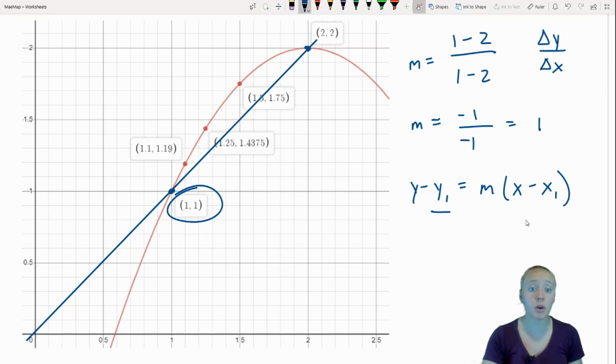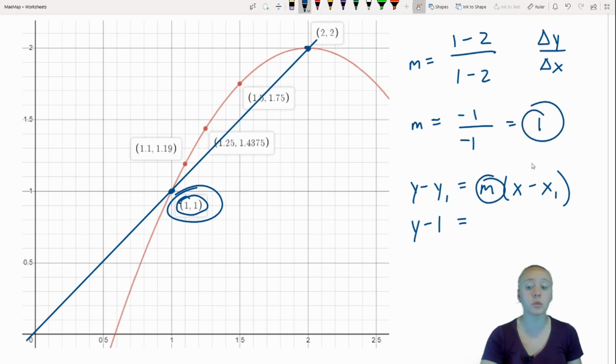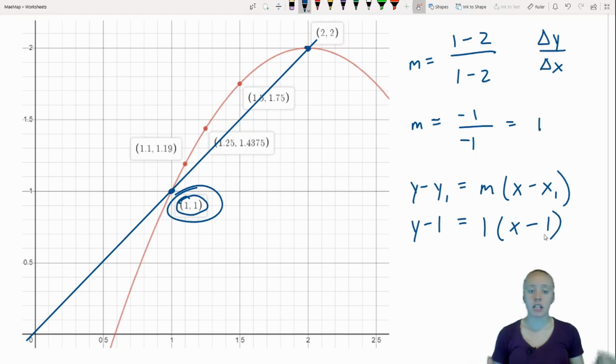We have a point, (x1, y1), and our slope. So let's plug in our x1, y1 values, and that's going to be my (1, 1). So plugging in 1 for y and 1 for x, I have y minus 1 equals m, which we also got to be a value of 1, times x minus 1. Here's point slope form.